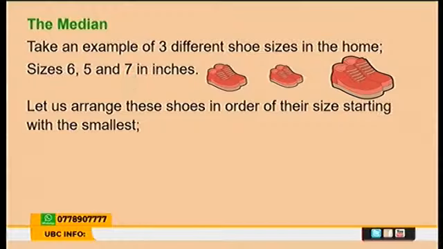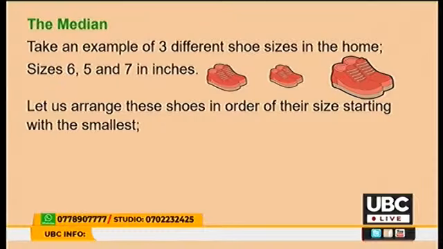So we are going to arrange our shoes in order of size. Like I told you, order of size means starting with the lowest to the highest, or starting with the highest to the lowest. So in this case, we are going to start with the smallest size of shoe that we have.